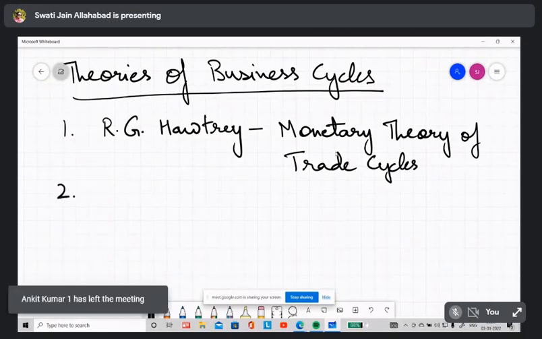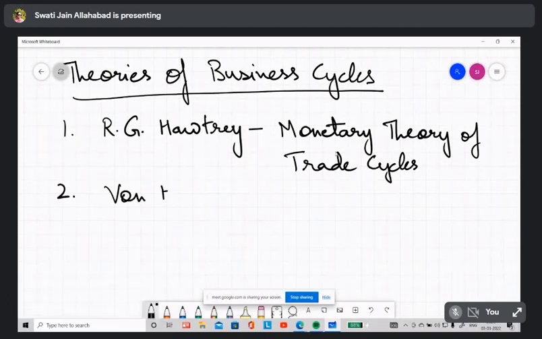Second, we will be talking about von Hayek, and this is the investment theory of the business cycle.